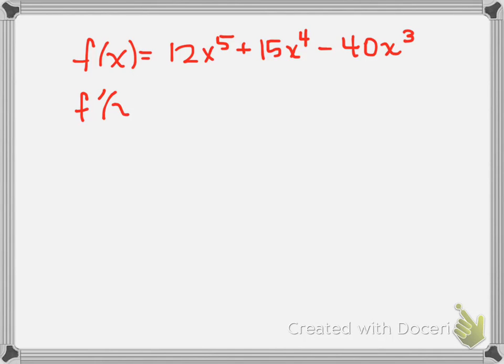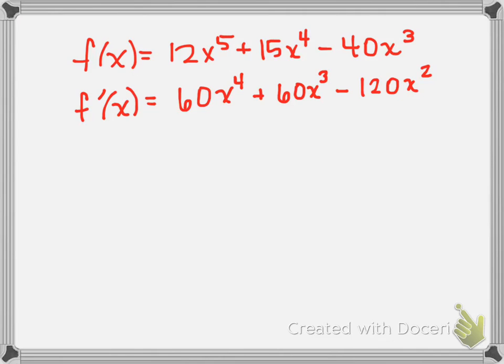So I find the first derivative and I get 60x to the fourth plus 60x cubed minus 120x squared. And I want to know when this equals 0 or when this does not exist. So for my critical values, I note that f prime always exists.